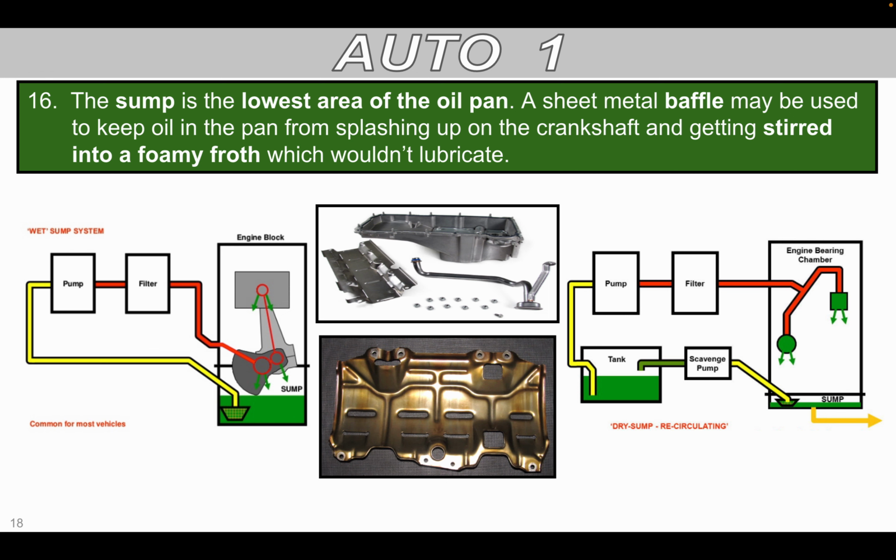What goes on in there? Well, mostly old oil. The idea is the fact that we got gravity, right? Gravity always pulls liquid down to the lowest spot. So, because I will have my oil pickup tube, I want to make sure my oil pickup tube is at the lowest possible spot. Because even if I'm running low on oil, there's probably still enough in there to where I can pick it up and circulate it.